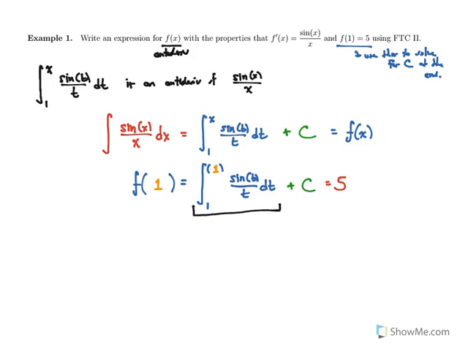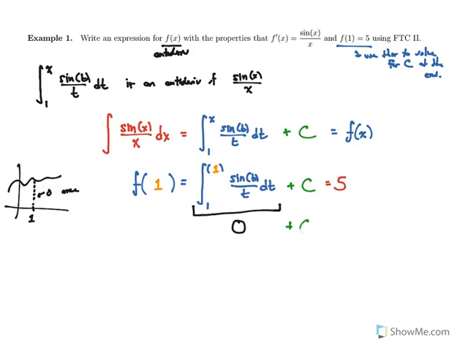The integral says that the area under the curve from 1 to 1 of sine of t over t is going to be 0. We have no interval that we're looking for. It doesn't matter what sine of t over t looks like. The integral from 1 to 1 is just 0 area.